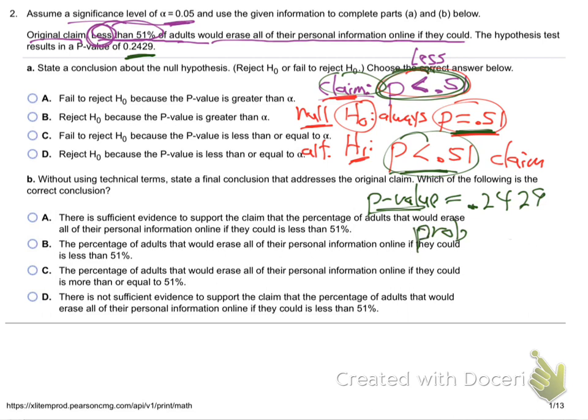P stands for probability that the results are just luck. It's the probability that the results are just luck. You see, that's the trick.